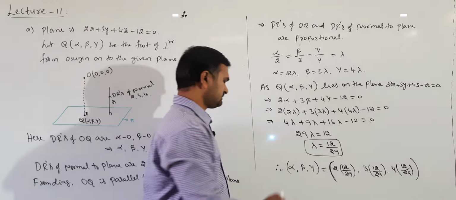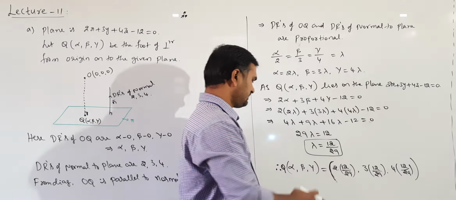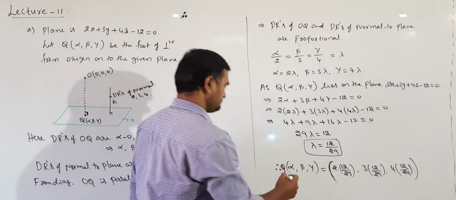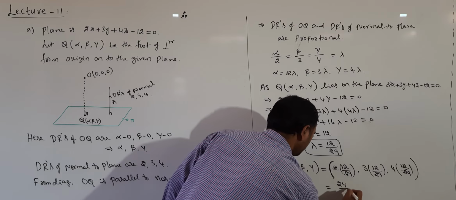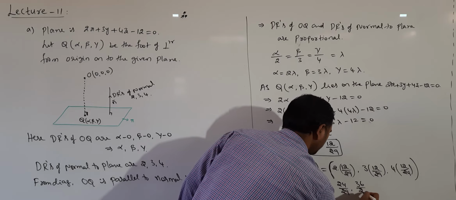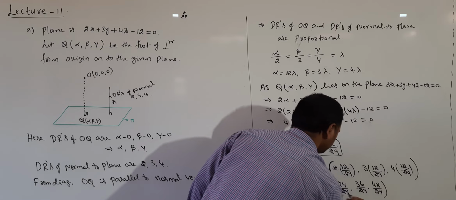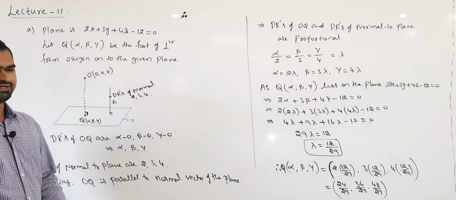So the required foot of perpendicular is alpha, beta, gamma, where alpha is 2 lambda and lambda is 12 by 29. So what point do we get? 24 by 29, 36 by 29, 48 by 29. So this is the required foot of perpendicular.